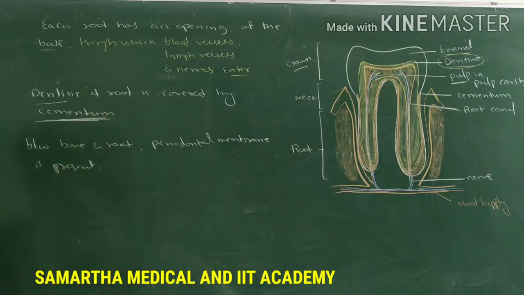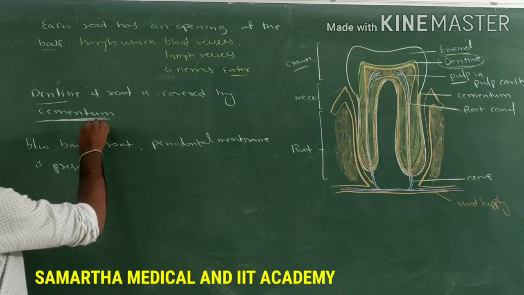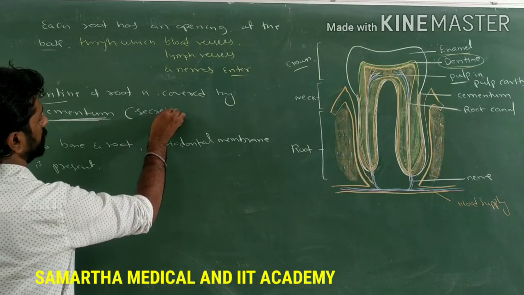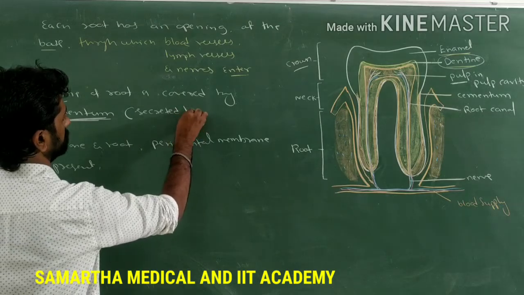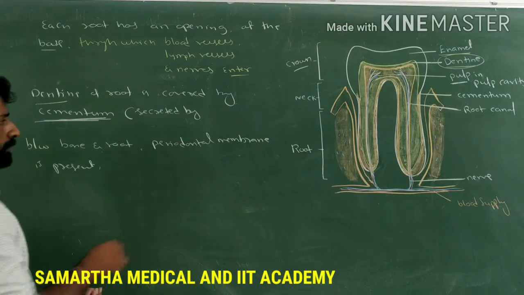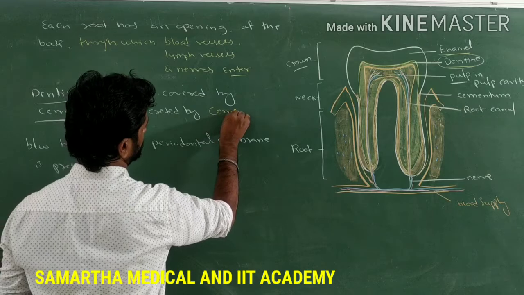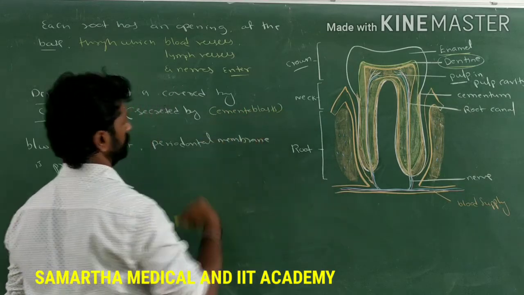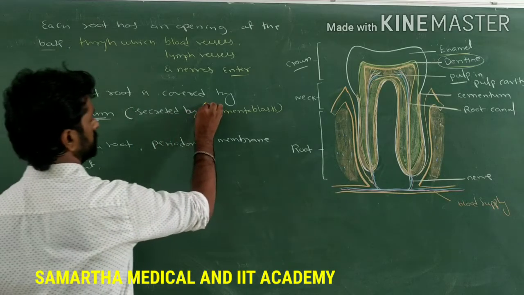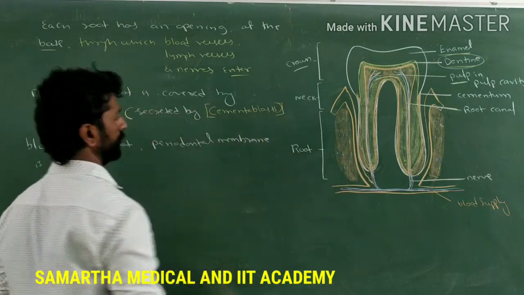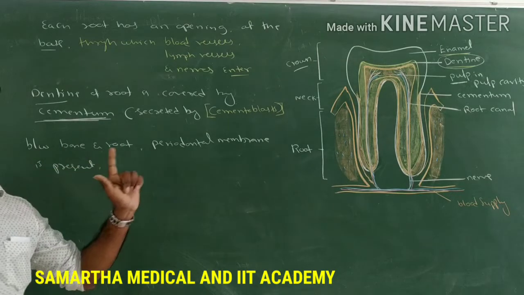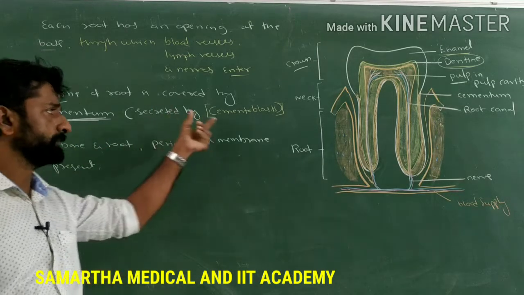So what is the substance covering the dentine of the root? That is nothing but the cementum, and this cementum is secreted by cementoblasts. So there are three types of cells involved in secreting the substances for the formation of the tooth: odontoblasts, ameloblasts, and cementoblasts.